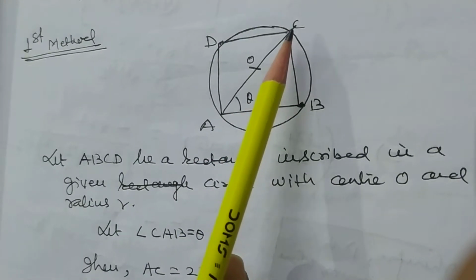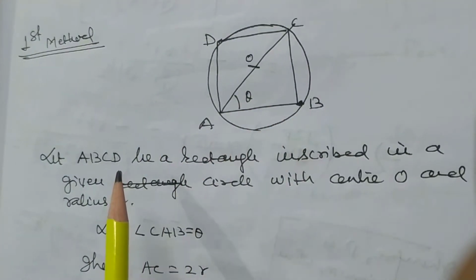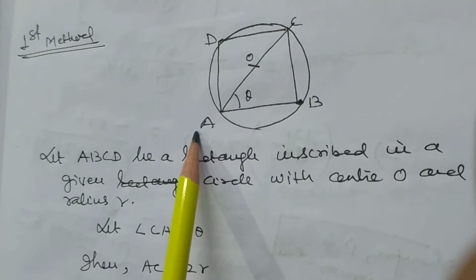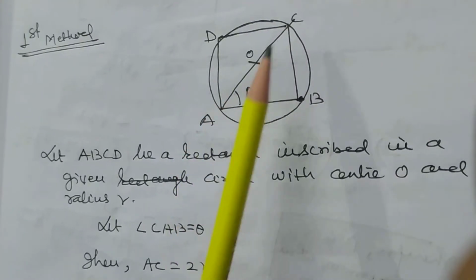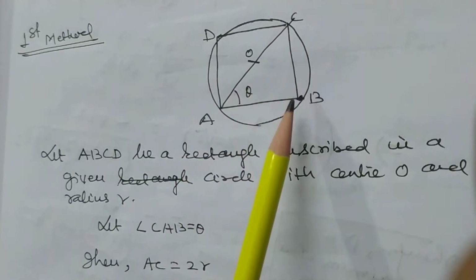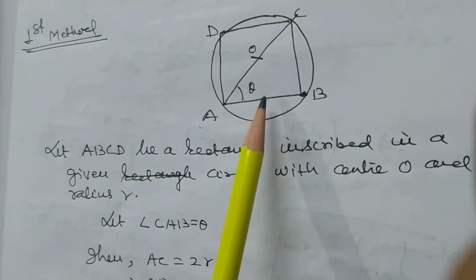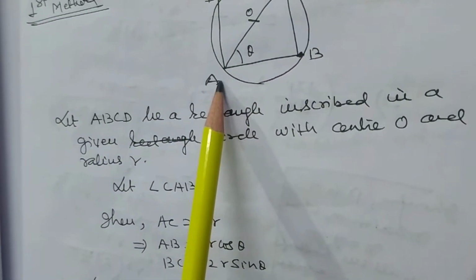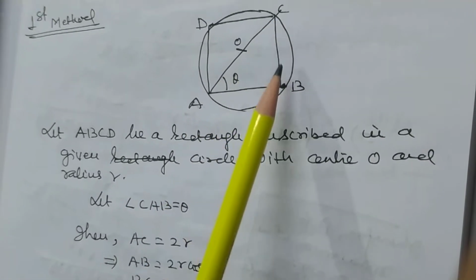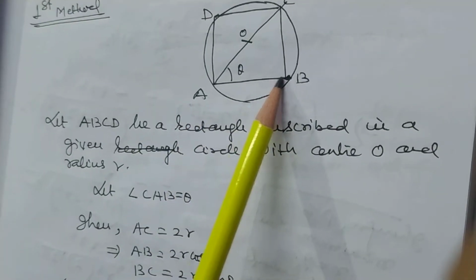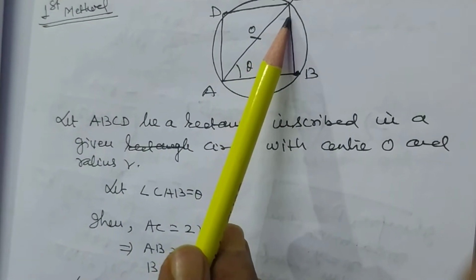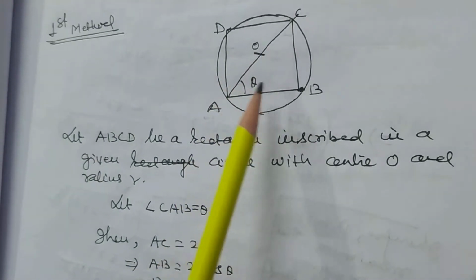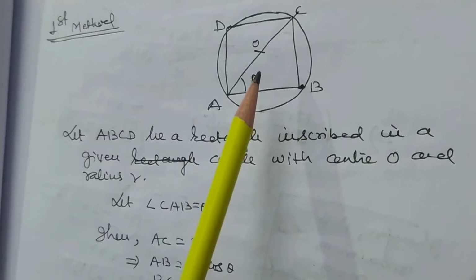Here we consider CAB as a right angle triangle, of course, because AC is the diameter and the circle is circumscribed, and therefore the angle CBA is equal to 90 degrees. So this angle is theta, the acute angle. In this way, by converting length and breadth in terms of the diameter, we can solve this problem.